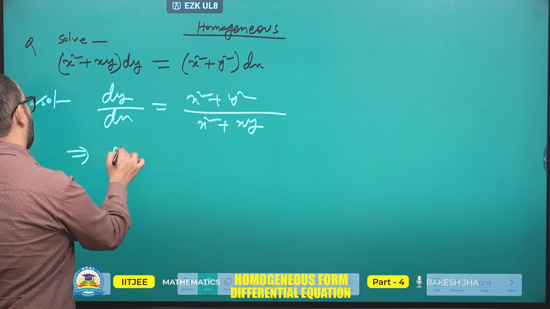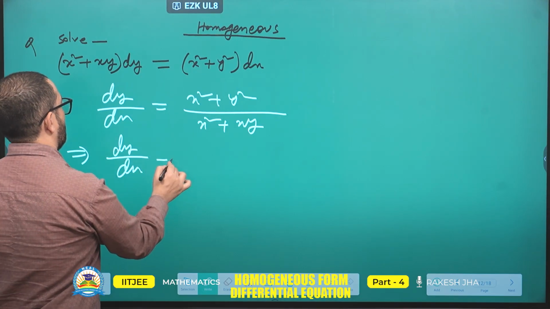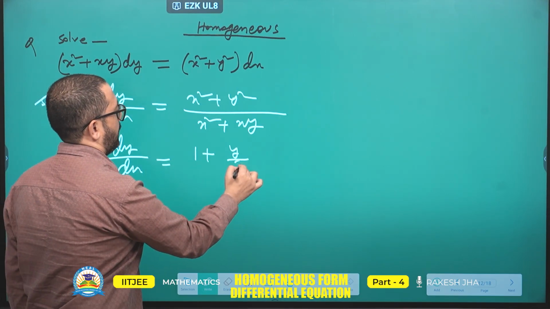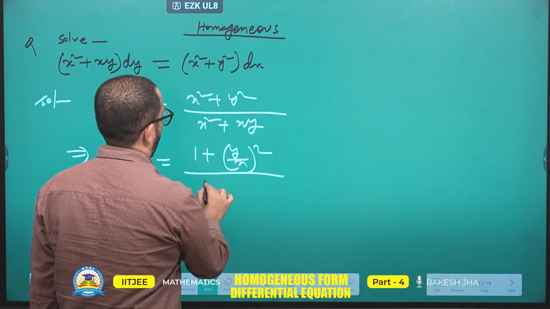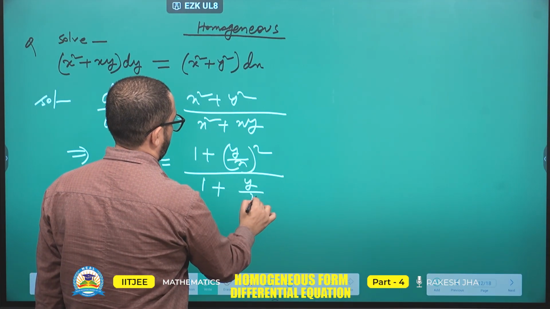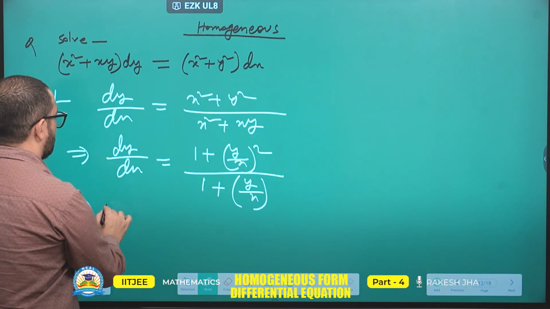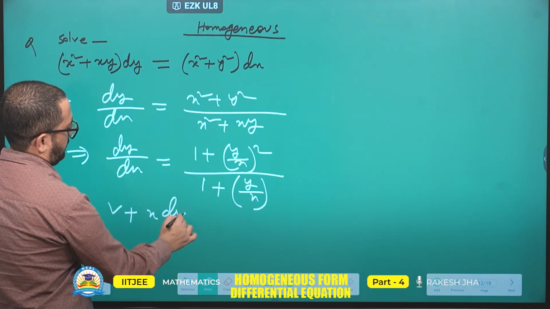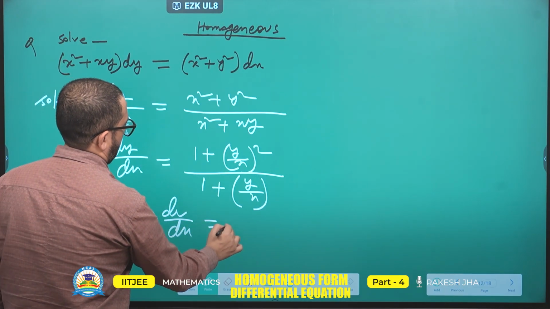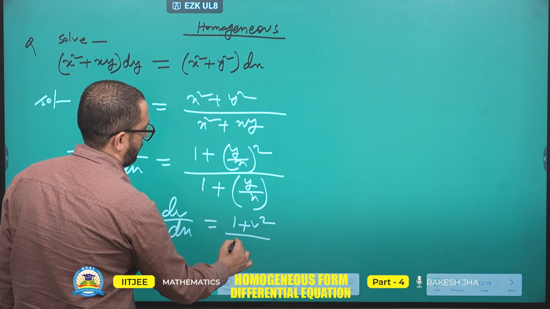So the next step would be dy by dx is equal to 1 plus y upon x whole square upon 1 plus y upon x. So now we will go for the substitution. So v plus x dv by dx is equal to 1 plus v square upon 1 plus v.